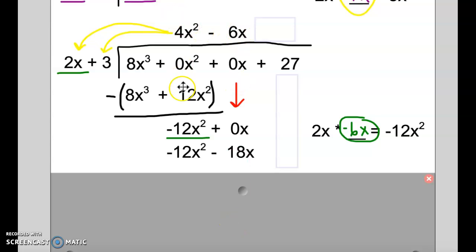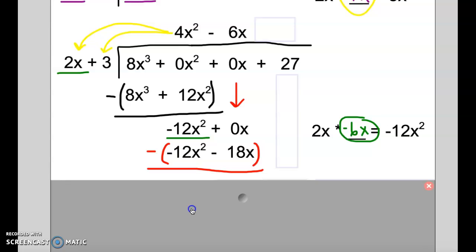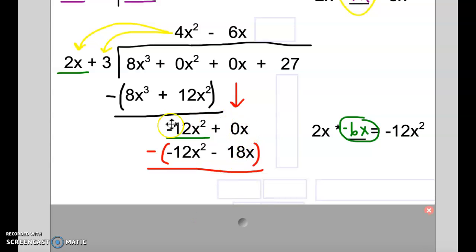Negative 6x times 3 gives me negative 18x. After we multiply, we subtract, okay? When I subtract, negative 12 minus negative 12 gives me 0. 0 minus negative 18 becomes 0 plus 18. That gives me a positive 18x.